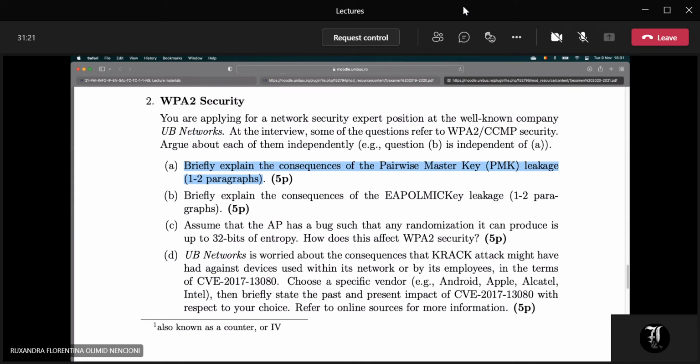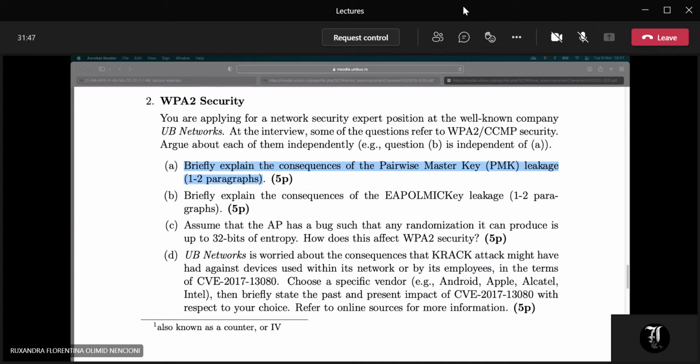Because everything is derived from there, you can get the nonce and it's public. The MAC address is public of the station or access point, so you can use the function which is used to derive the transient key.